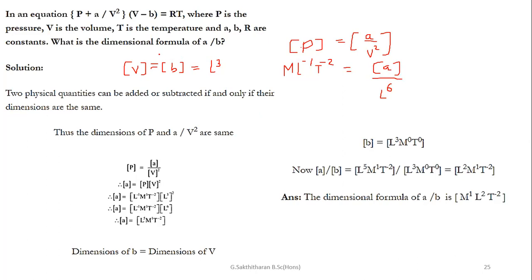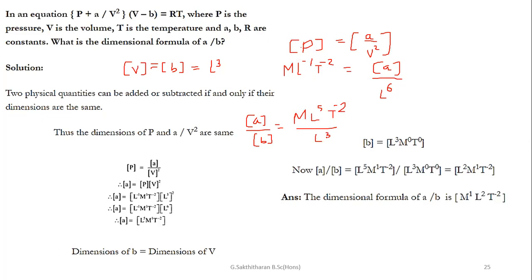So here they ask the dimensional formula of A over B. So this L to the power 6 is cross multiplied by M L to the power minus 1 T minus 2, so M L to the 5 T minus 2, and over L cube.